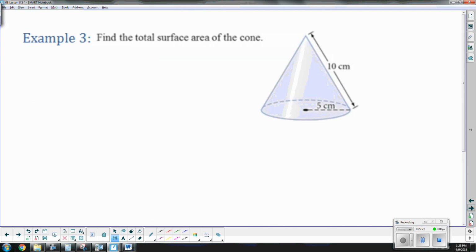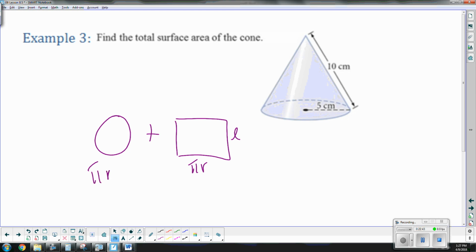Right, and then the last example, let's look at the surface area of the cone. So again, we have a circle and we have a rectangle where the rectangle is pi r times L. So the circle, pi r squared, or we could use the formula, which is pi times r times the quantity r plus L. Okay, so we know that the radius is 5.